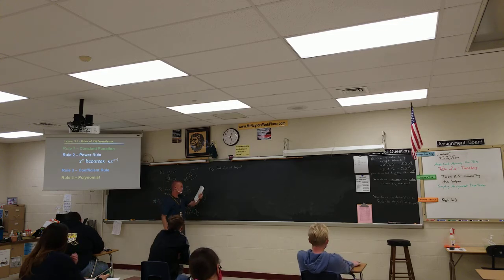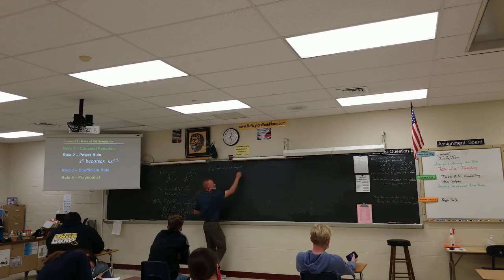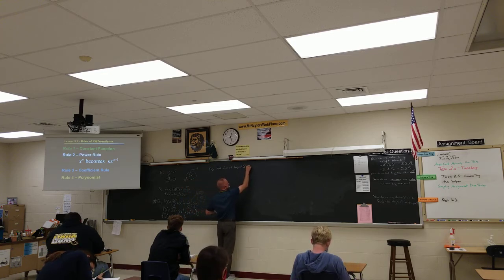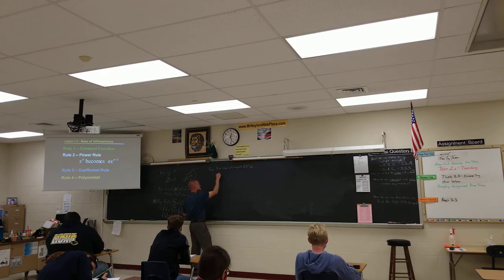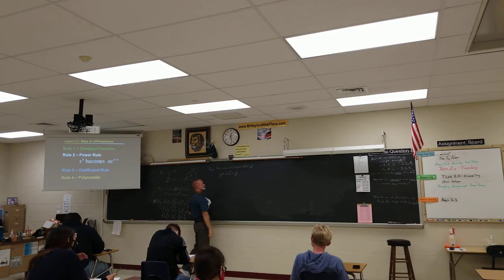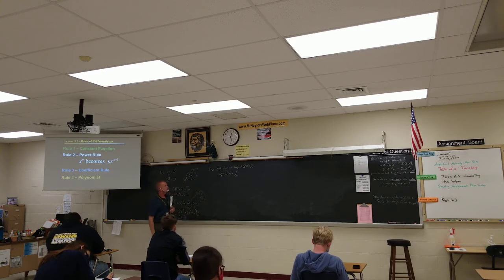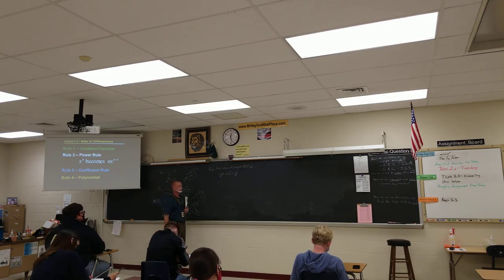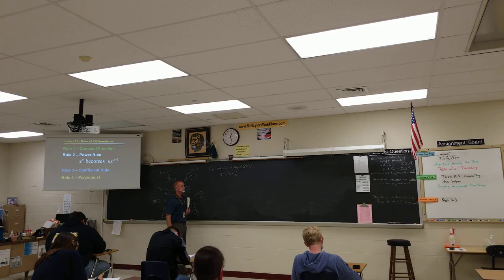So we're going to find the slope of a tangent. This time I'm giving you an x value. So at x equals 2, and then the equation is 2x squared plus 1 over x.